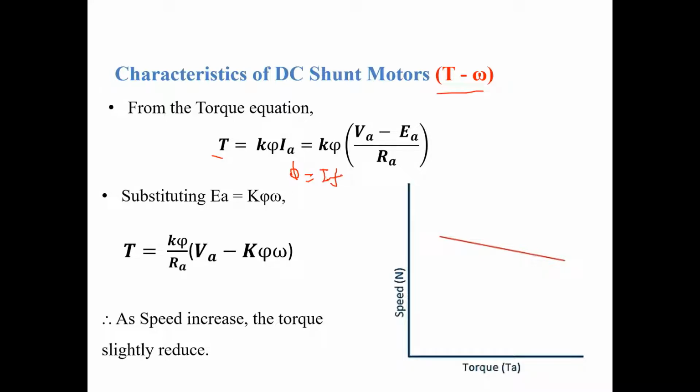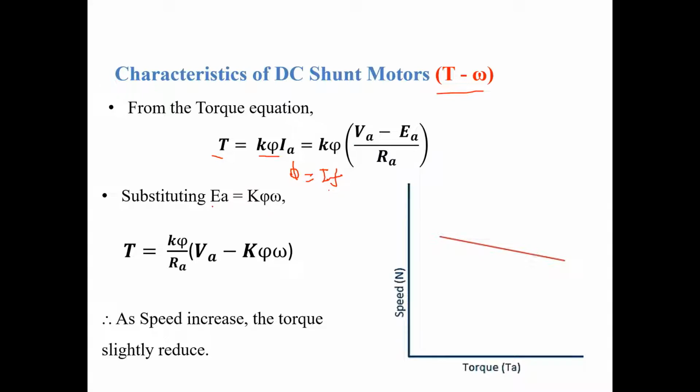So I use flux and field current interchangeably. So torque equals K I field IA, where K flux is constant, but IA equals (VA minus EA) divided by RA. So the torque equation becomes like this.